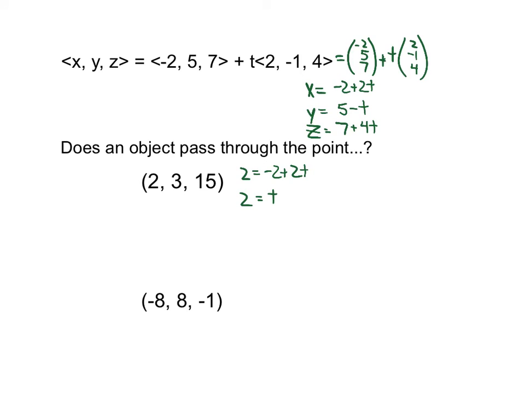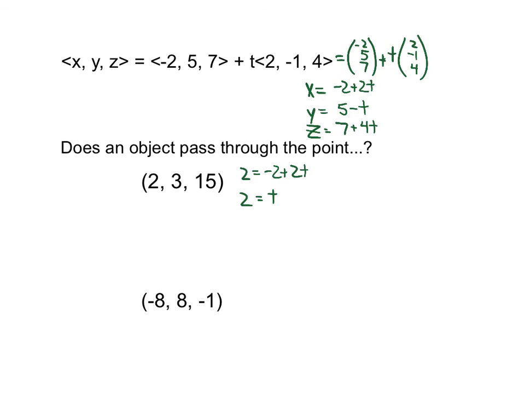So do I know if it hits the point yet? No. Okay. Well, then you have to solve the rest of them so you can have t equals 2. That's the key right there. You guys hear that? I would have to be at that x, that y, and that z at exactly the same time.